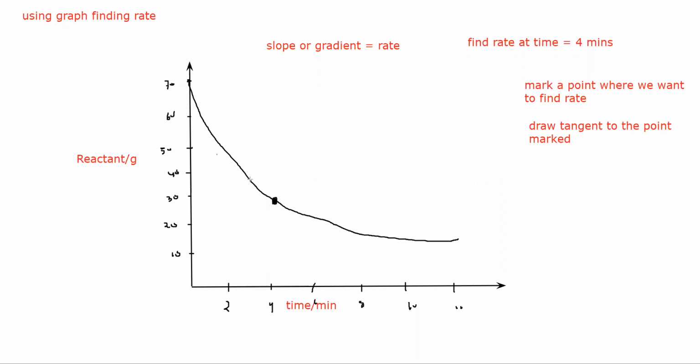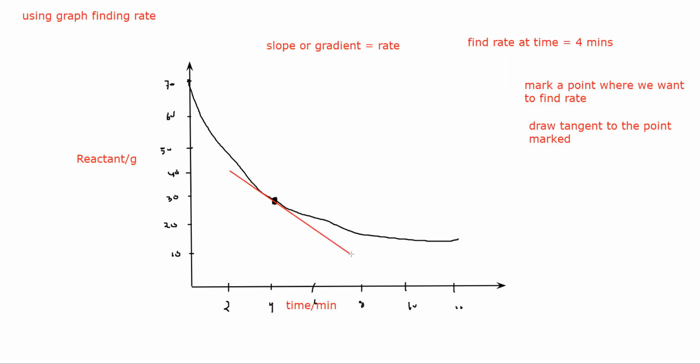The tangent should touch only that specific point. The length of the tangent is up to you. For example, I draw this as a tangent. It can be longer, it can be shorter, but you should draw a longer tangent.